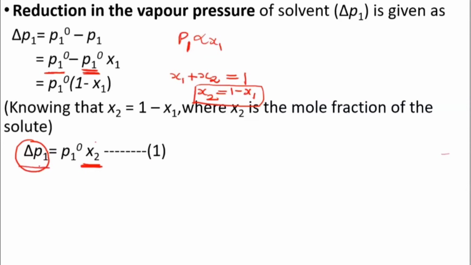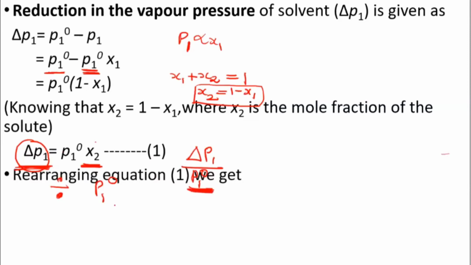Now this is lowering, correct? Now you want to calculate with respect to the solvent how much has happened. Then what you have to do is divide delta P1 by P1 naught, the vapor pressure of the pure solvent. So this whole equation is divided by P1 naught. If you rearrange, you get the same thing.